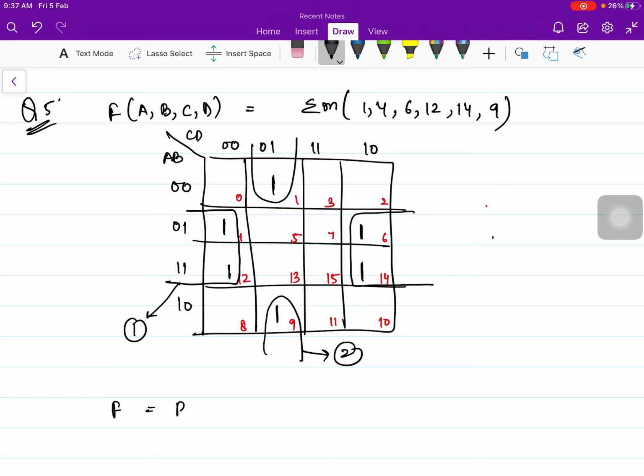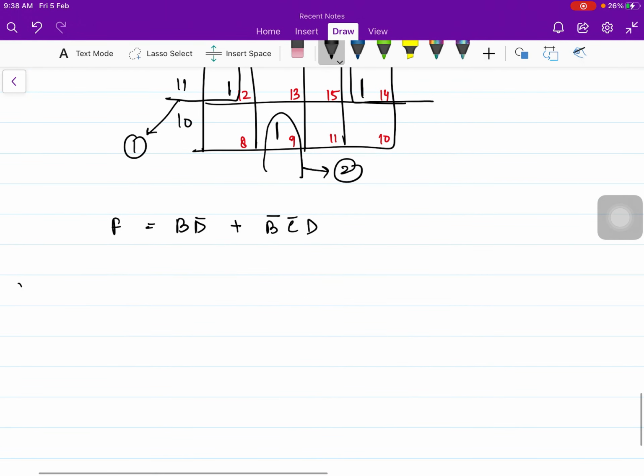The answer will be B from the AB side and D bar from the column side, and from here B bar, and from there C bar D. So the answer is B bar C bar D plus B D bar. This is the answer. So this is how we solve different questions. Let's do one more question.